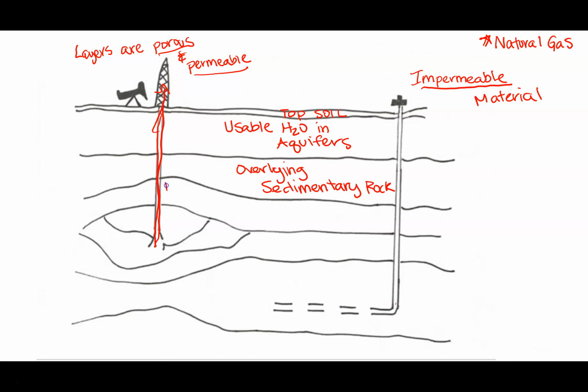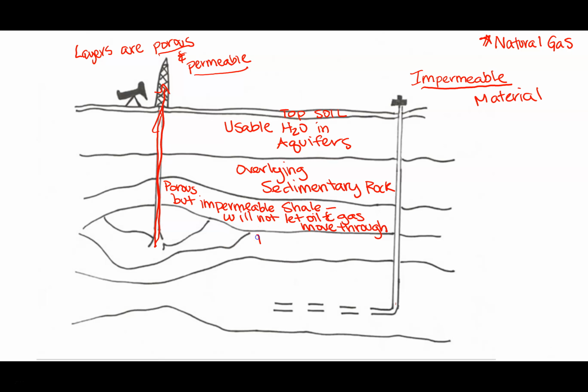Next layer, porous but impermeable shale. Okay? It will not let oil and gas move through.